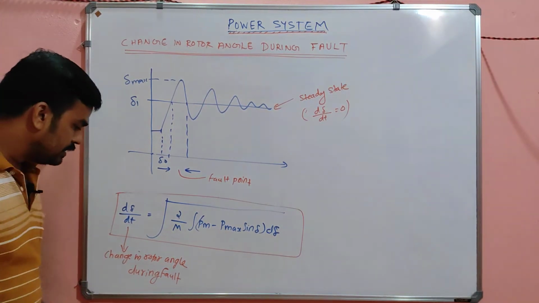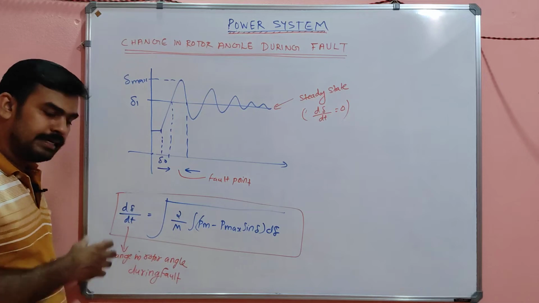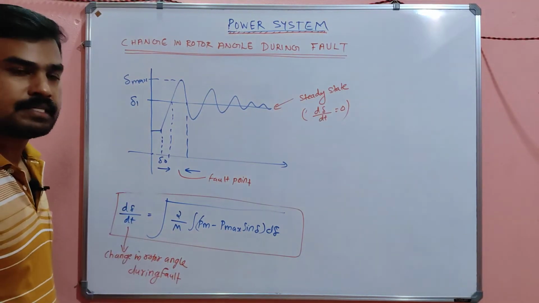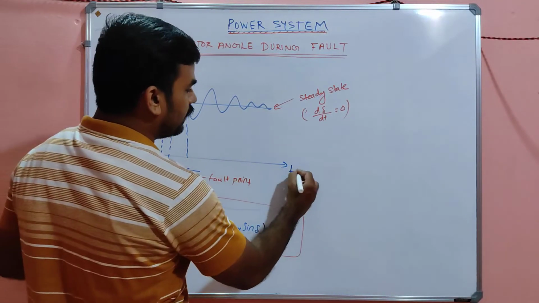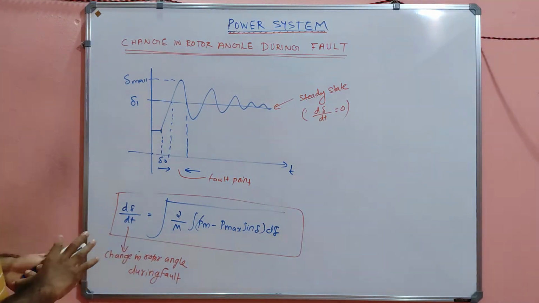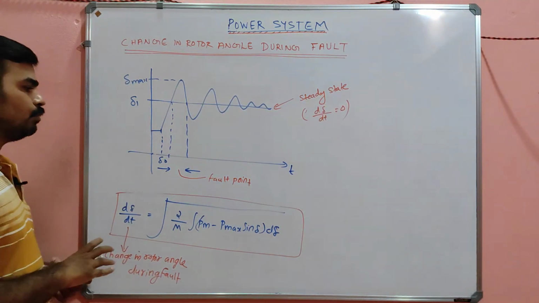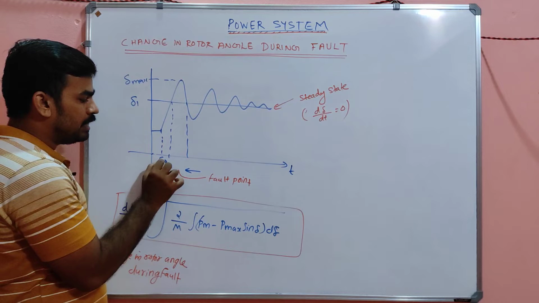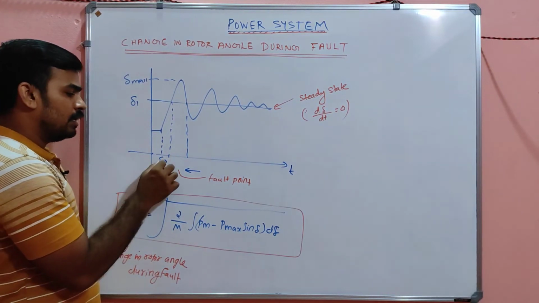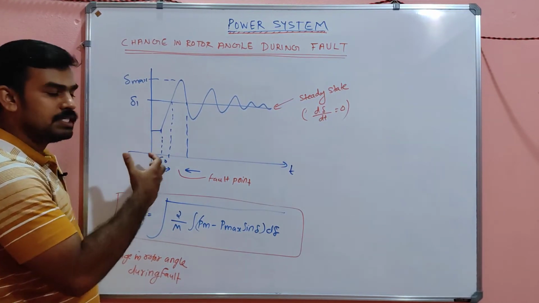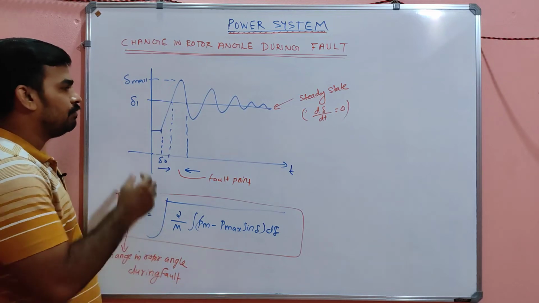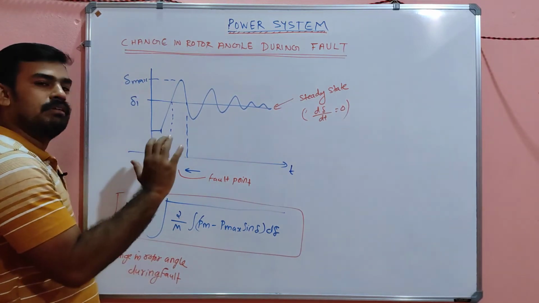Listen, my dear. So this is the expression for d del by dt during fault. So what happens at fault? If you are plotting a graph between time and the changing rotor angle del, what do you get? Initially up to del 0, the machine is operating in a stable manner. There will not be any change in del; it's running smoothly.